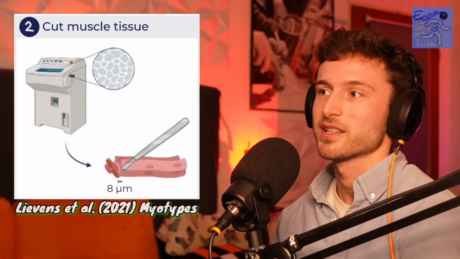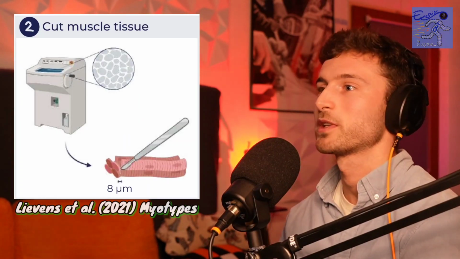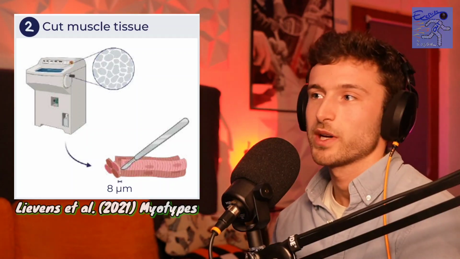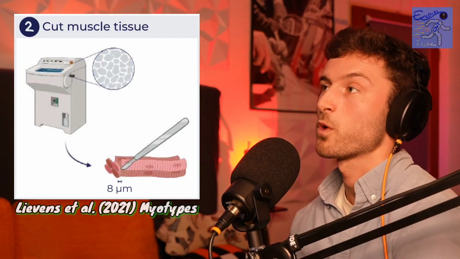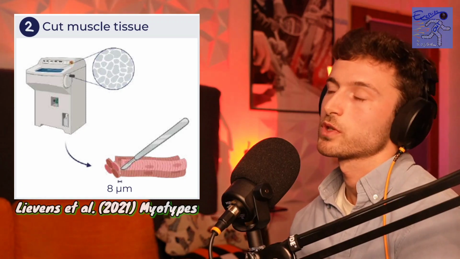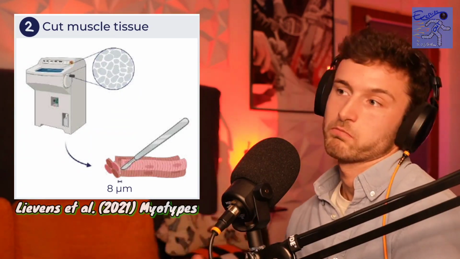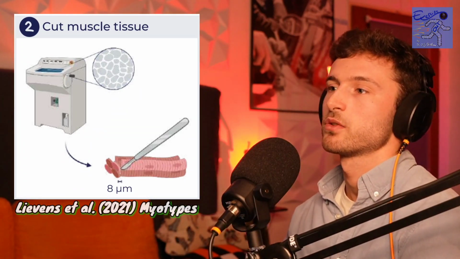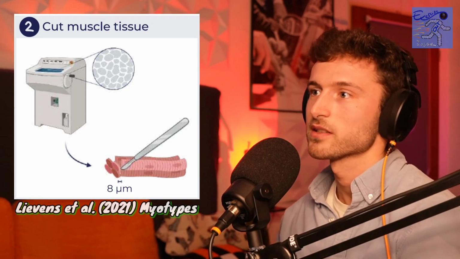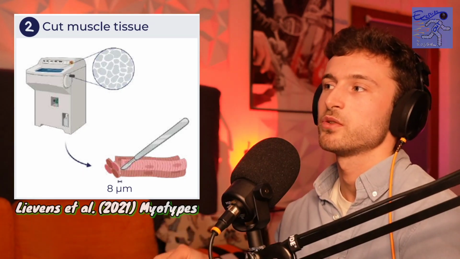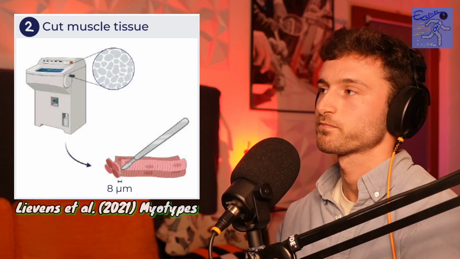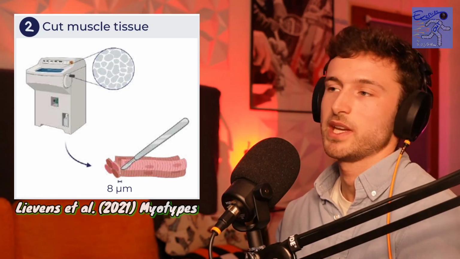And then you want to analyze that muscle tissue for fiber type composition. There are different ways to do so. One of them, the one which was probably used the most in the past, in the beginning, is that you cut really thin slices from the muscle and then you stain them for the ATPase enzyme, because we know that the ATPase enzyme is different for the different fiber types.